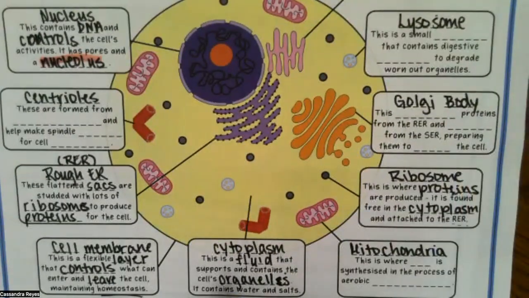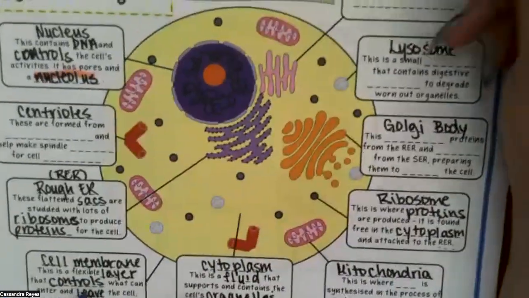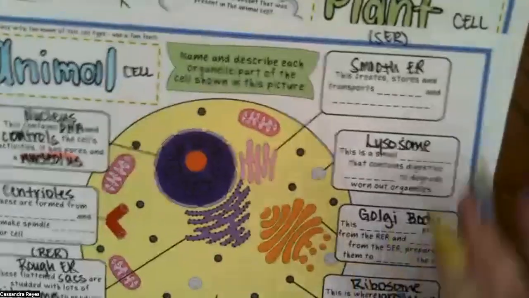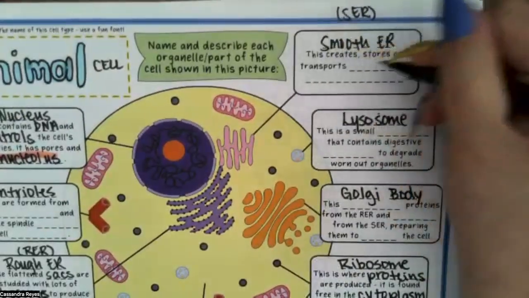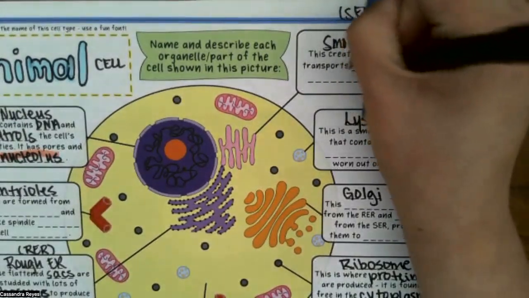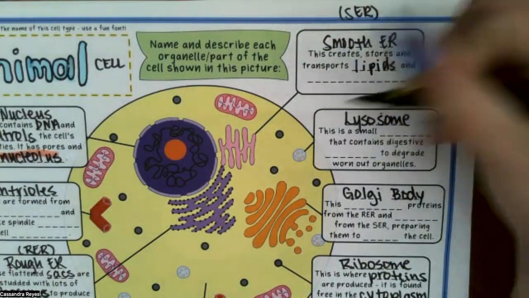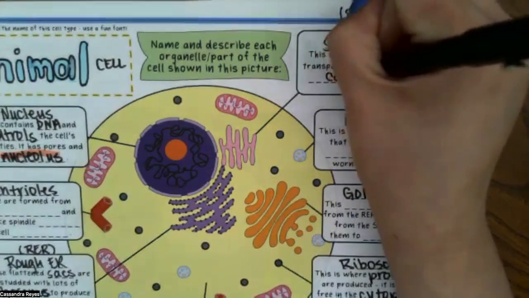All right, so we did the cytoplasm. Let's do smooth ER. The smooth ER is going to create, store, and transport lipids, and carbs.